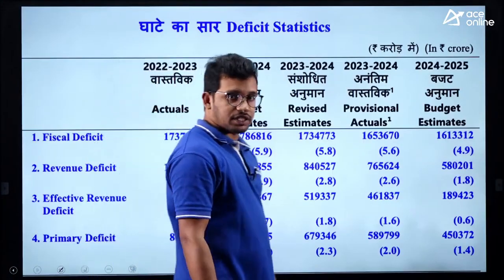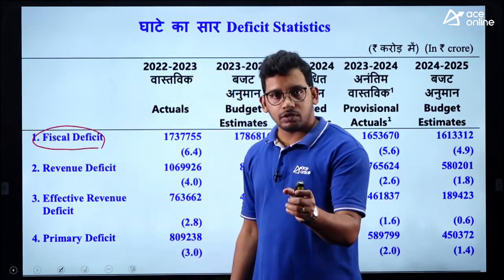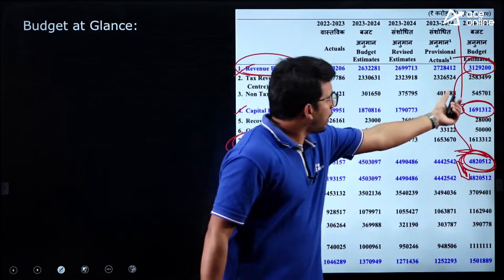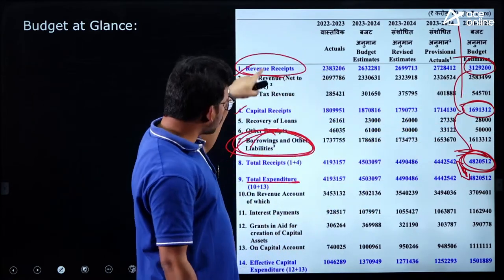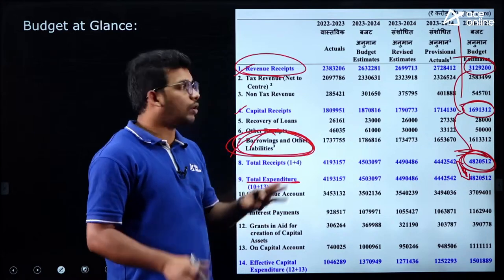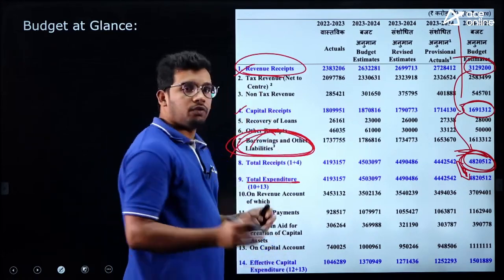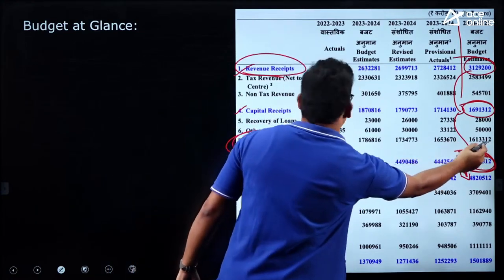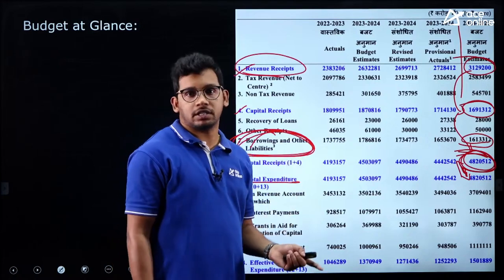Now comes the deficit. We have seen fiscal deficit. If you subtract from 48.2 lakh crore the total revenue of the government, capital receipts as well as revenue receipts, if you add you will get 32 lakh. The rest of the thing is the borrowings. You can see here 16.1 lakh crores the government is borrowing.